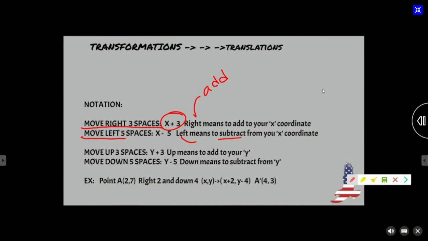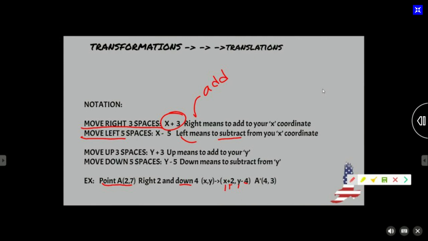If I have the point A, and that's A2, right 2 means whatever x is, I'm going to add 2. Down 4, whatever y is, I'm going to subtract 4, right? And it's the same positive moves we've been talking about since we've been looking at the coordinate plane.